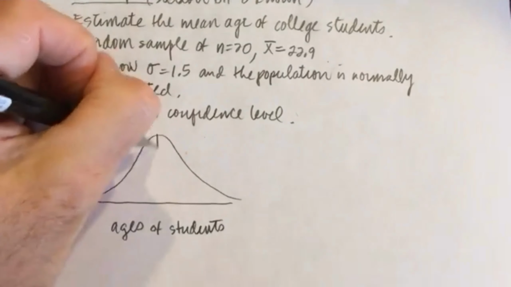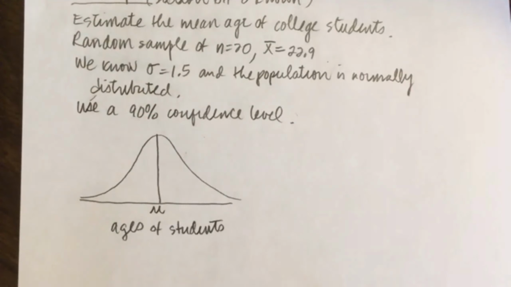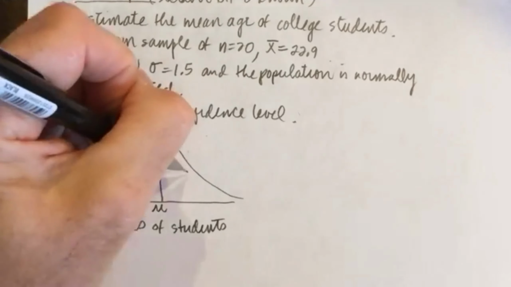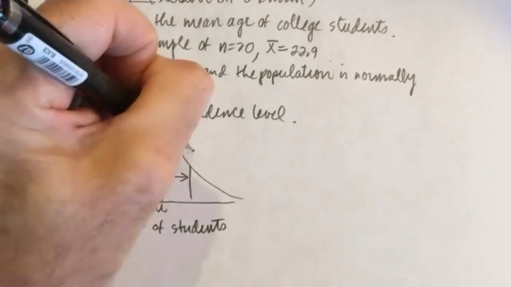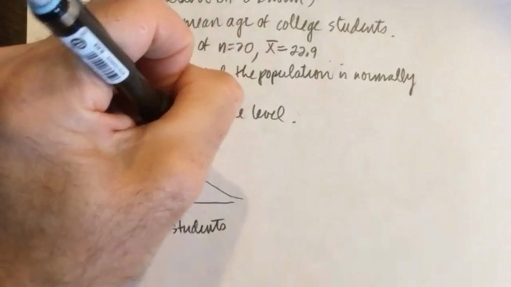They're going to be normally distributed around some population mean, and we don't know what it is. That's the point. We're trying to estimate it. But we do know that the spread of this population is about 1.5 years.